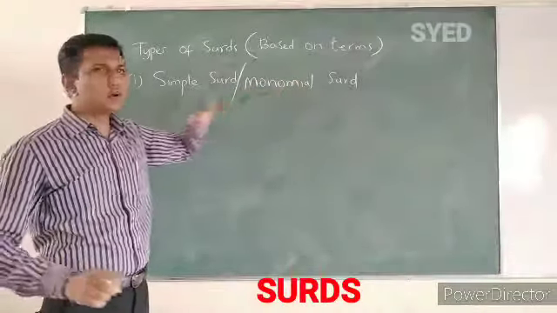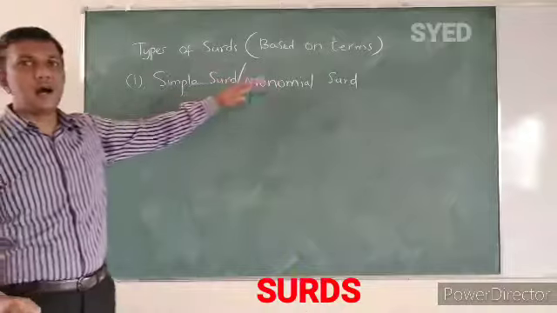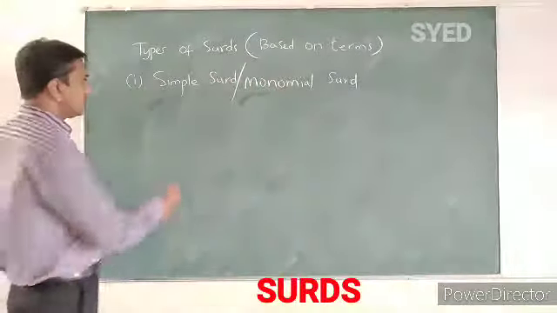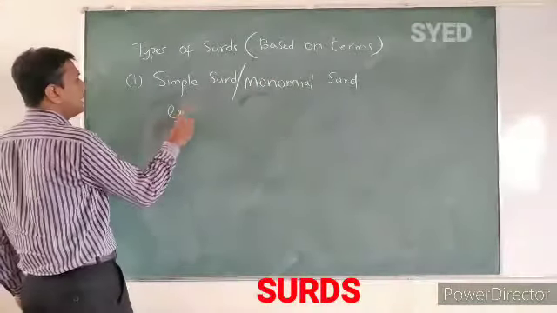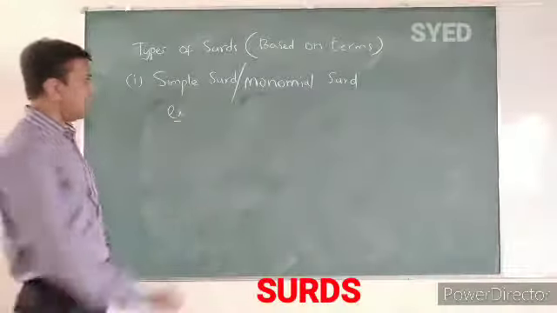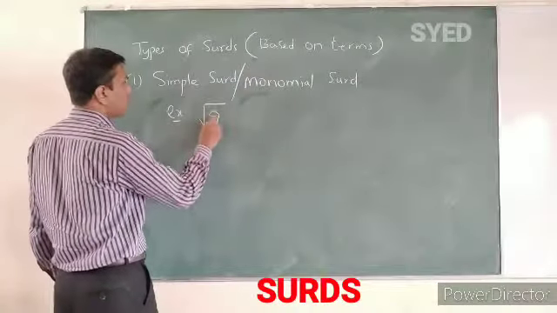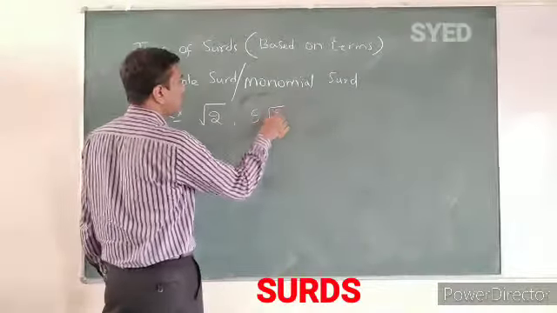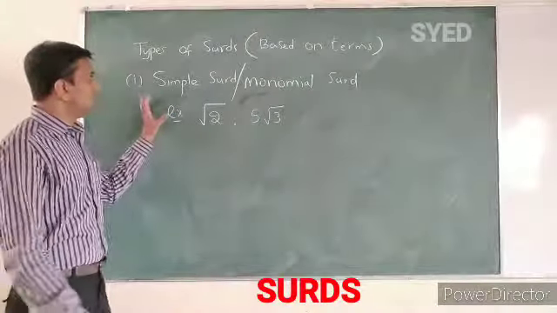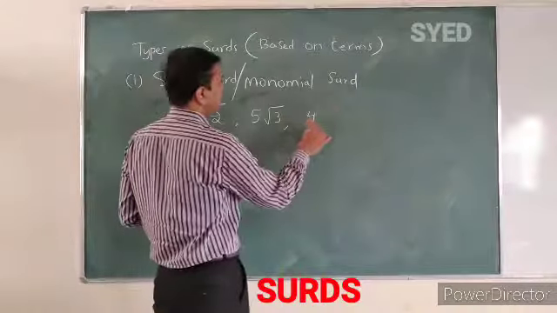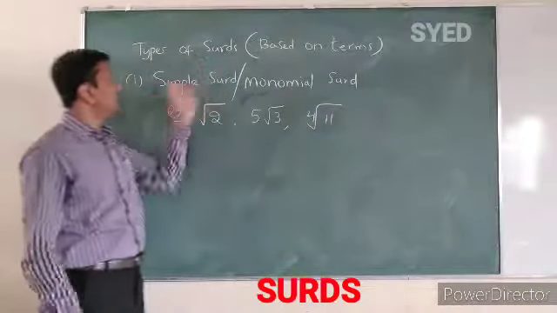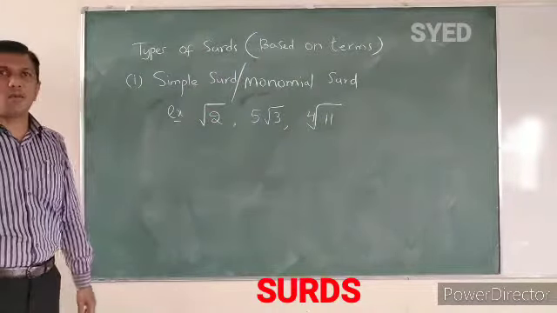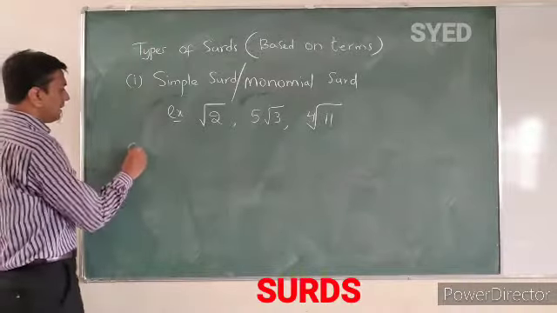So such a surd is called a simple surd or monomial surd. A surd with a single term, like root 2, 5 into root 3. All these are some examples of simple surd or monomial surd.